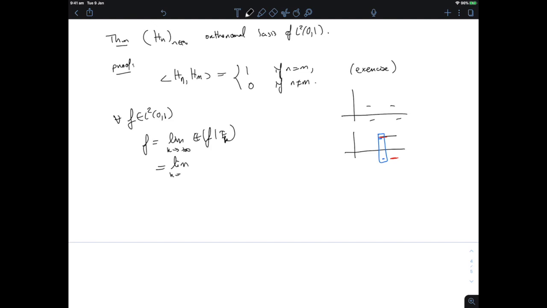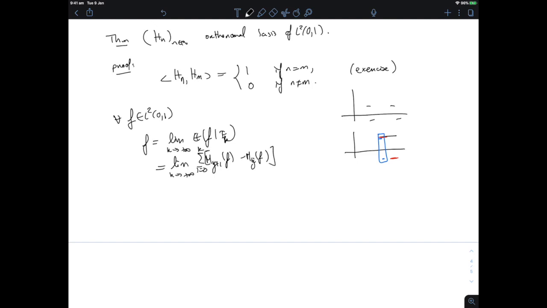So this is the limit as k goes to infinity of the sum over j running from 0 to k of m_{j+1} of f minus m_j of f.